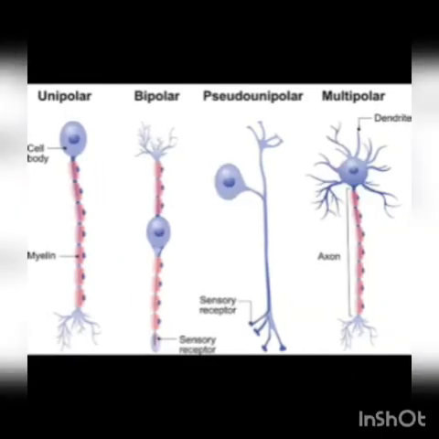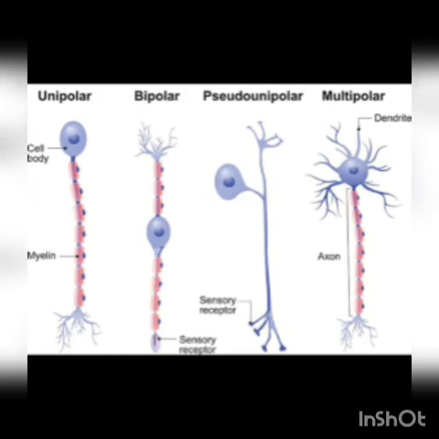In the next slide you can see there are different types of neurons. One is unipolar, another is bipolar, the third one is pseudo unipolar, and the last one is multipolar. In the unipolar type of nerve cell, there is a single process, the axon.